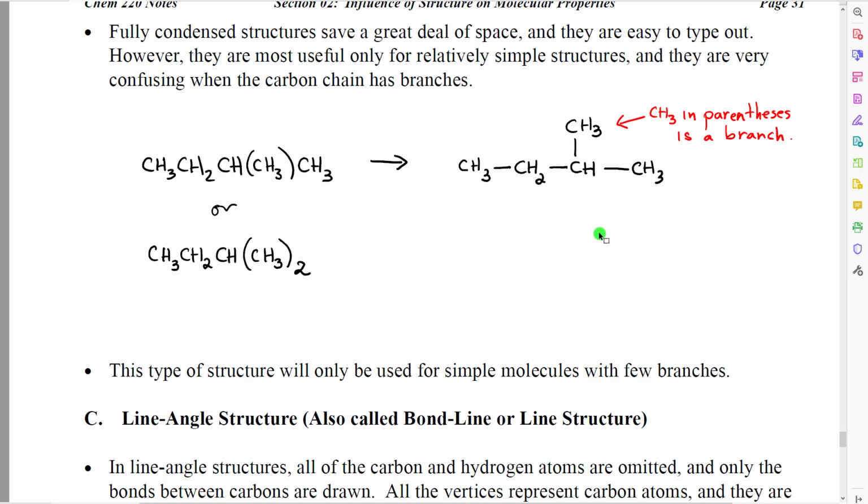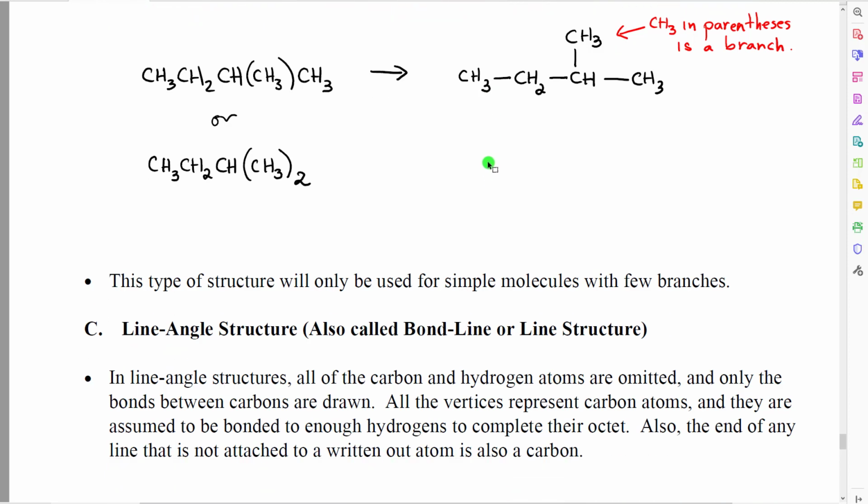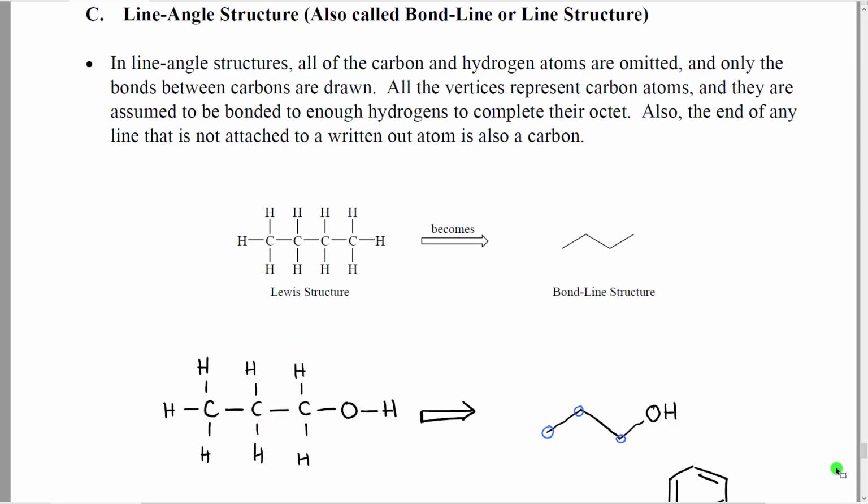Again, when you get used to this, it's not so bad, but it actually costs time to try to interpret this structure instead of just looking at this structure and seeing the main point of this structure, which is I have a chain of 4 carbons and there's a methyl branching off, a CH3 branching off of carbon 2. So in general, if I use this, it would only be used for simple molecules with few branches.